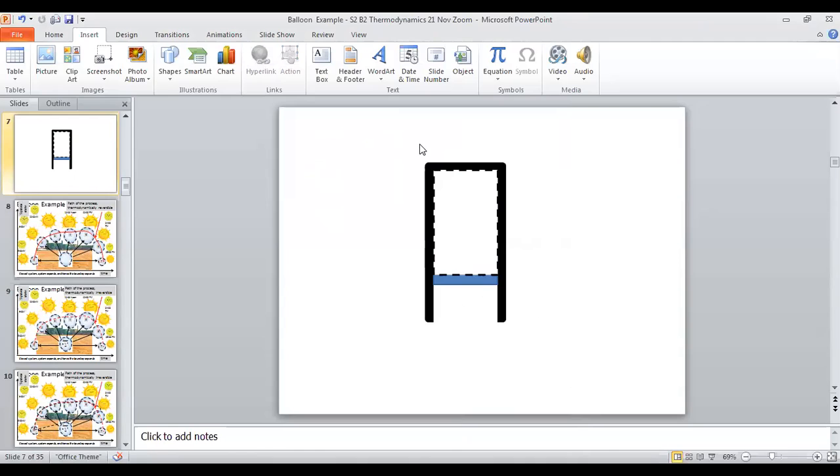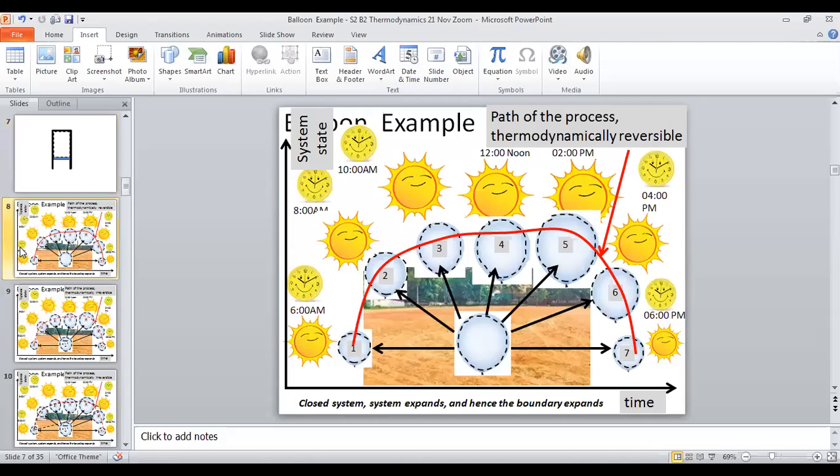So the dashed line is the system boundary. Within the boundary you will see the closed system.